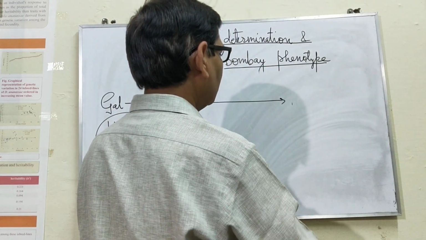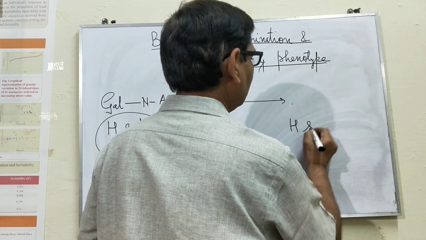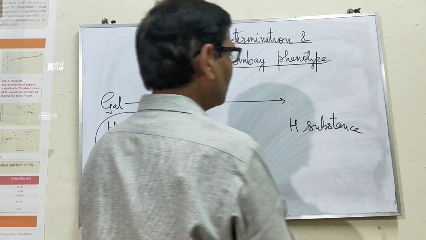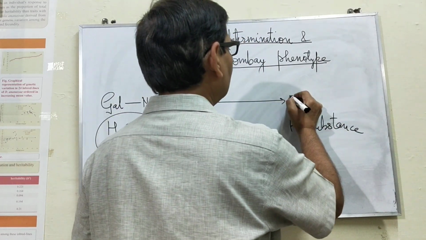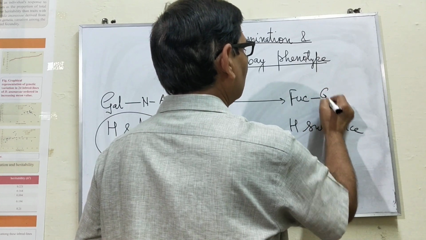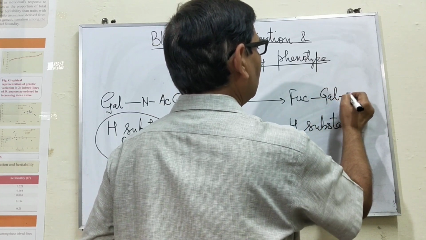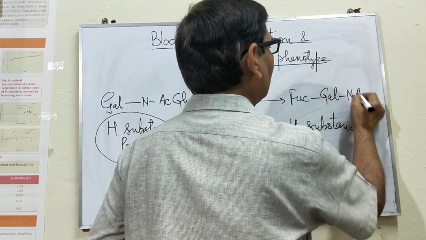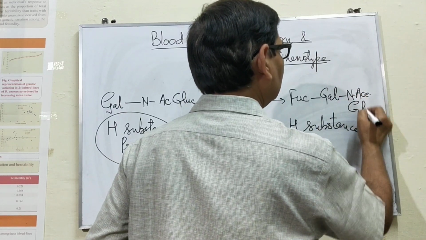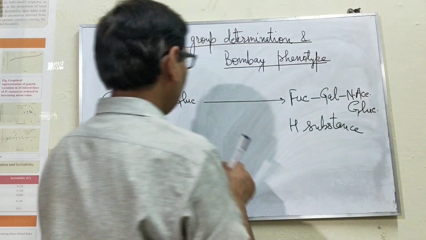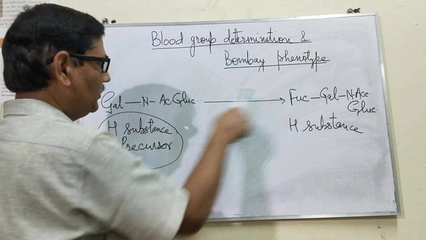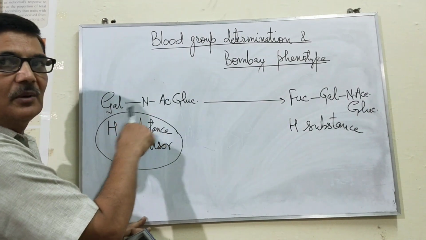Better I should write it here. That is H substance. And this H substance contains fucose plus galactose plus N-acetyl glucosamine. So what we are observing, that fucose is simply getting added with this precursor.